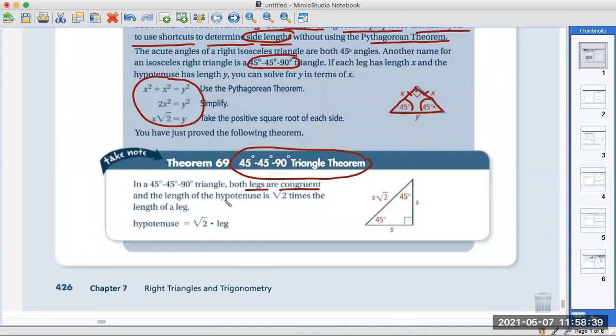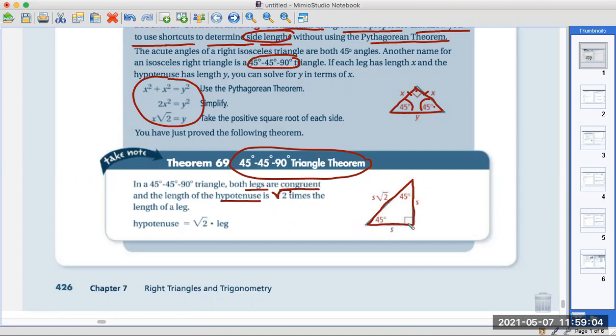And the length of the hypotenuse is the length of a leg times the square root of 2. So the hypotenuse is your longest side. It's always across from the right angle. These two are called legs. So this is a leg and this is a leg.